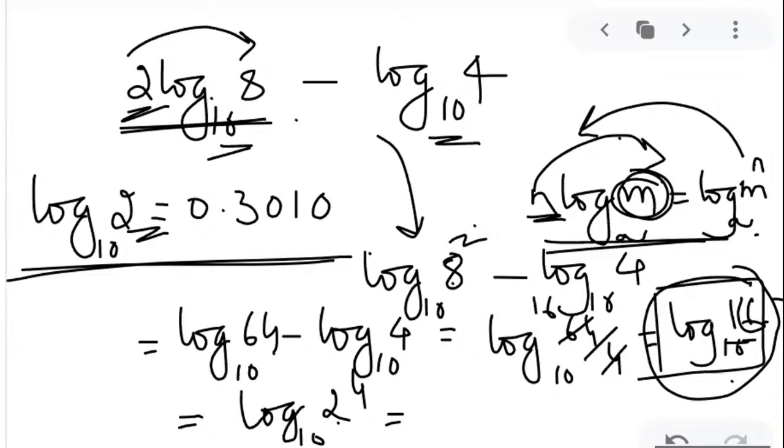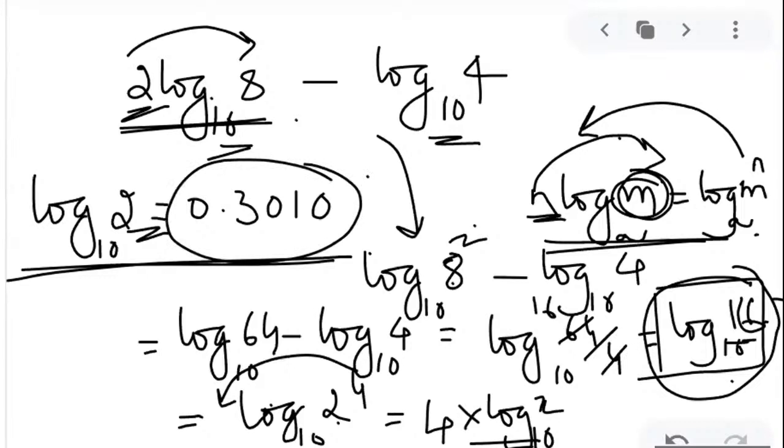Log m power n base a is equal to n log m to the base a. So that is 4 into log 2 to the base 10. Does it make sense? So what is the value of log 2? 0.3010. So what is the answer for this? 1.204. Right?